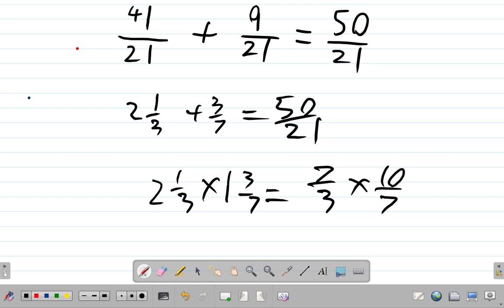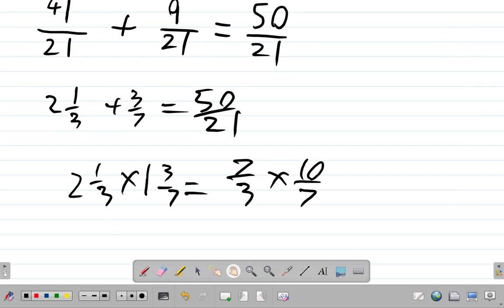So you see that. Now that is also equal to 7 times 10 is 70, multiply the top over, multiply the bottom, 3 times 7 is 21. Good. So you have these two parts.